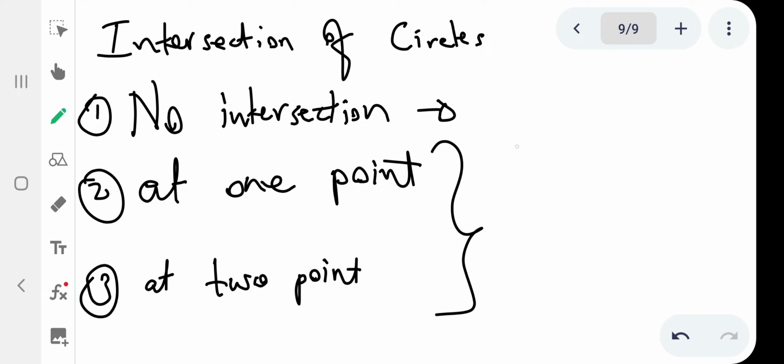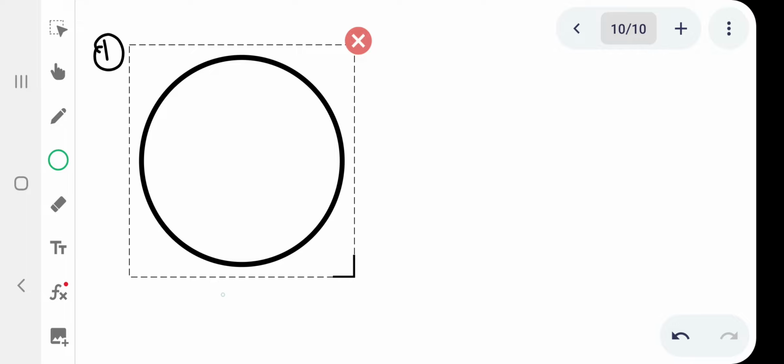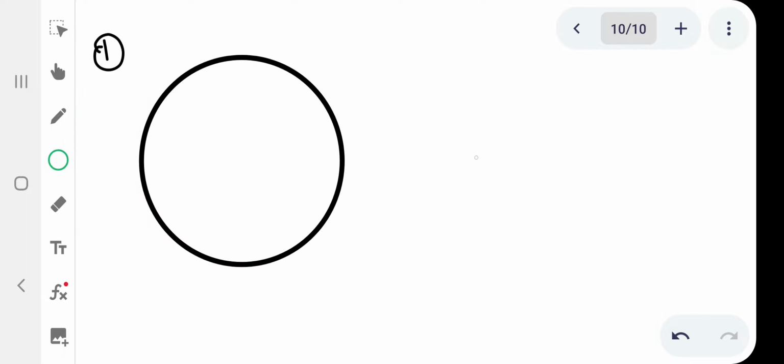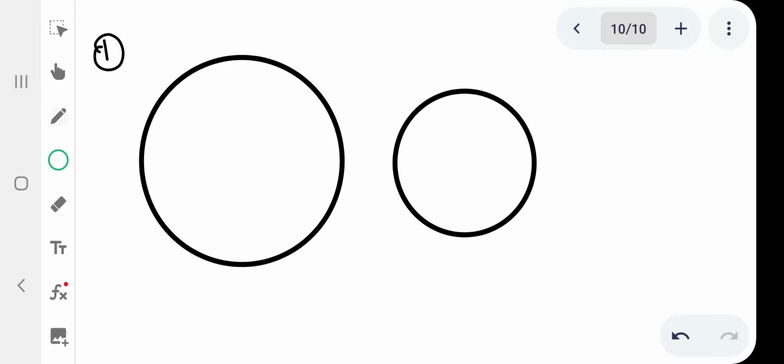And the main method to analyze whether they intersect or not is the distance formula, right? Okay, so let's check scenario number 1. In scenario number 1 we said the two circles do not intersect. So here is the first circle, and here is the other circle. We want to check whether they intersect or not. So we have the center of the big circle and the center of the small circle, right?